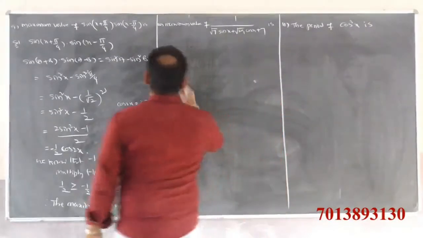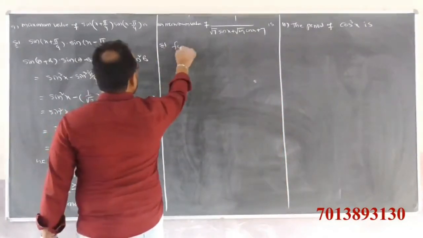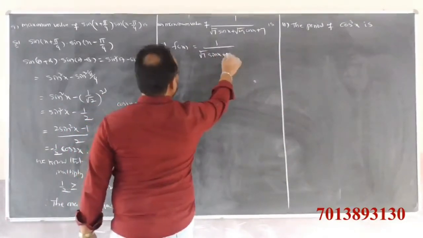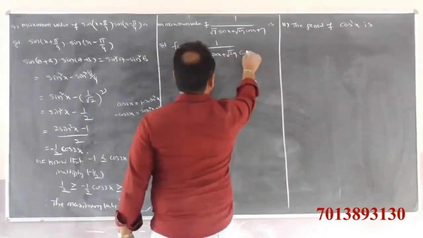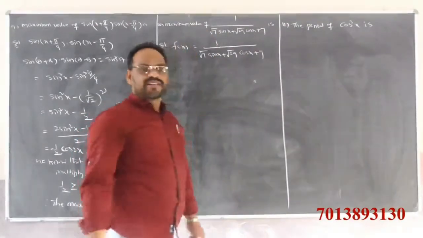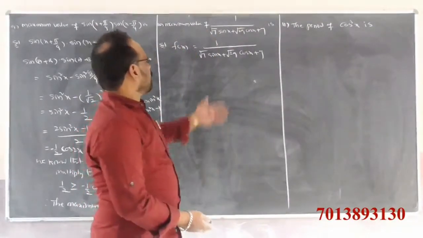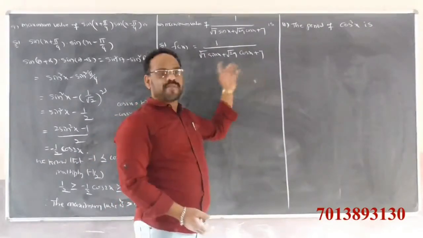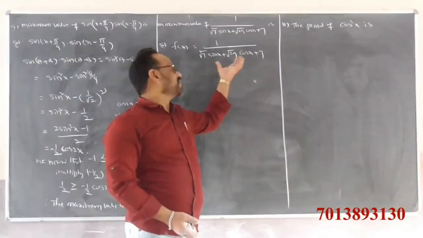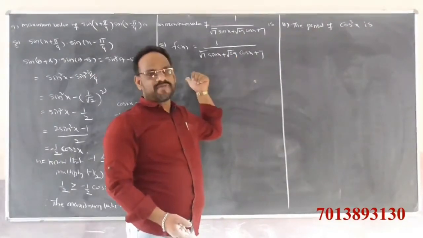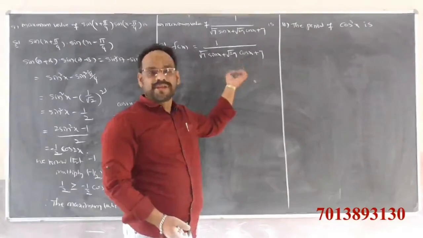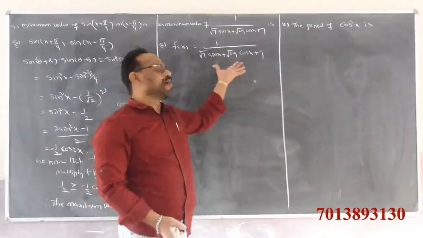If you want the maximum value, the denominator must have the minimum value. If the denominator is minimum, we get the maximum value. If the denominator is maximum, we get the minimum value.